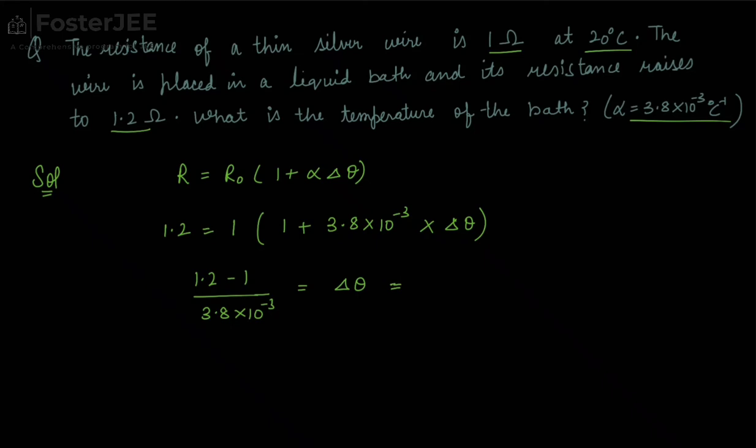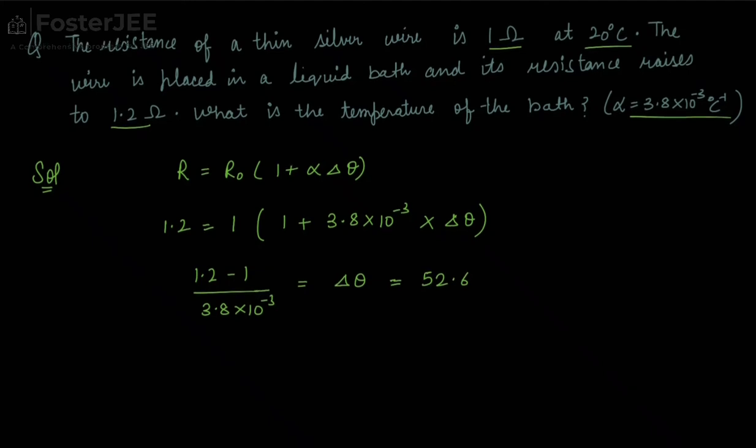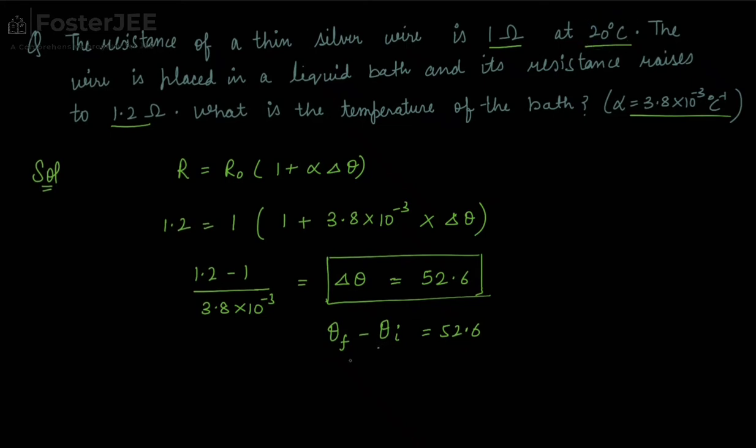Solving this, the value of delta theta becomes 52.6. Now this is the change in temperature, which is final temperature theta final minus initial temperature theta initial. This is given to be 52.6 and the initial temperature was 20 degrees Celsius. So the final temperature would be 52.6 plus 20, which is 72.6 degrees Celsius. Now I hope this topic is also clear to you.